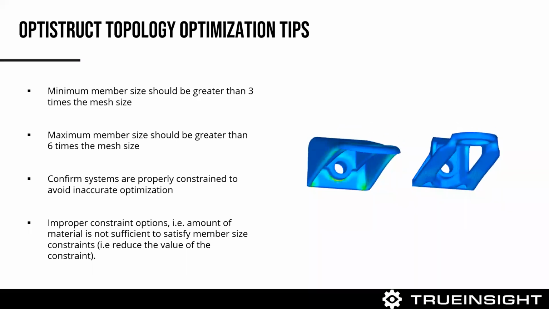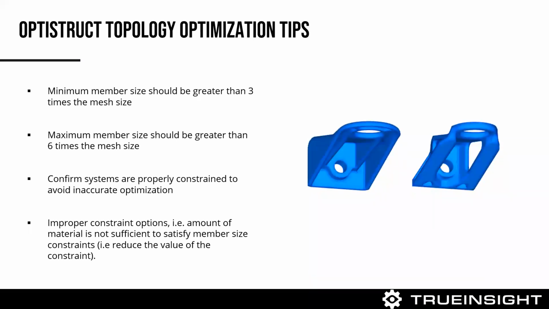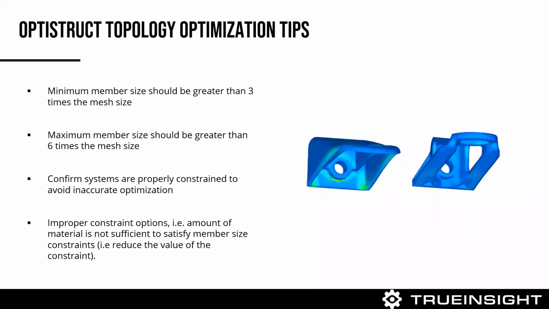One of the things I'm going to show you is a tip for checking if your system is properly constrained. Making sure your systems are properly constrained is going to help you avoid inaccurate optimization. It's something I recommend and something I do before every optimization, and actually in a lot of cases before I do any type of structural analysis for an assembly. I'll show you how you can check your constraints in a system.